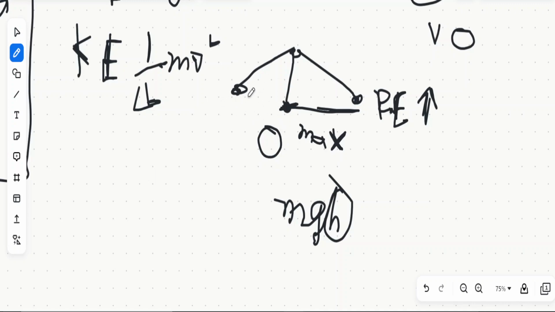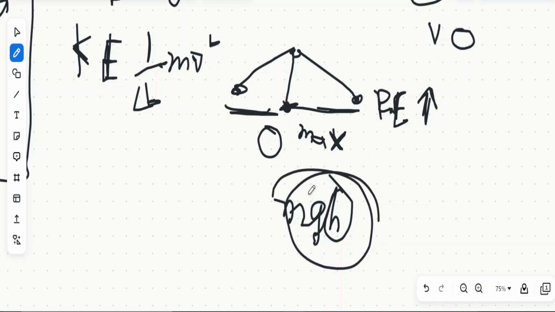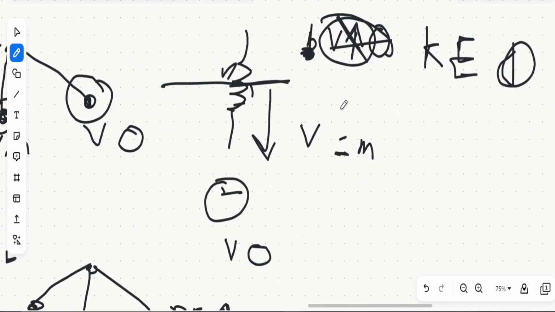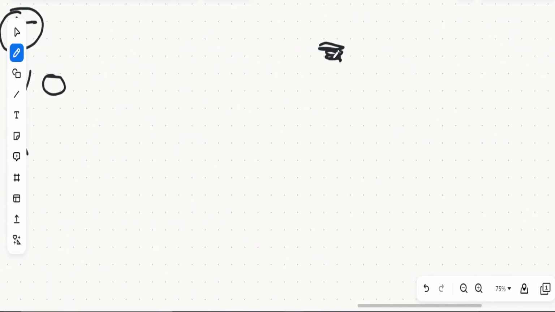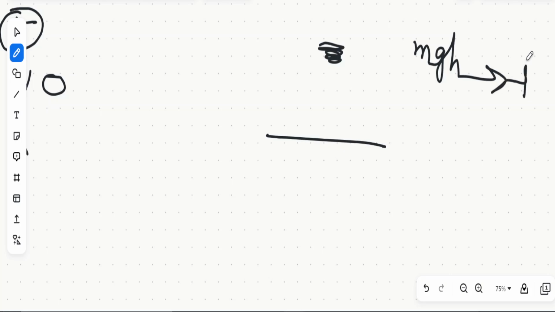When I move to the very left, the distance is maximum, so my potential energy would be the greatest as well. And it's the same case when I'm dealing with springs. So in springs, when I'm at the very top from the mean position, my mgh is maximum, so my potential energy therefore is maximum as well.